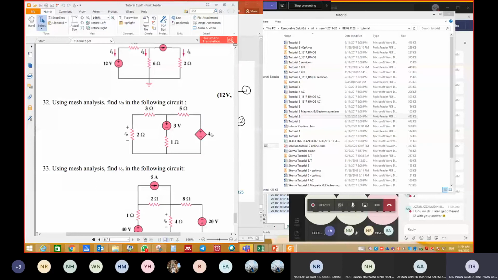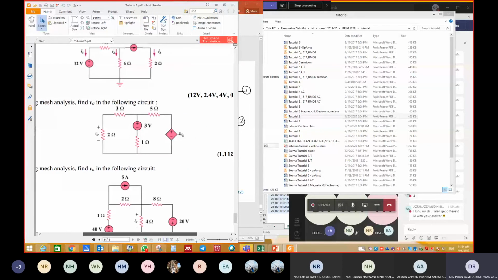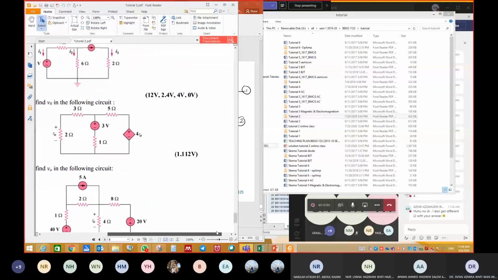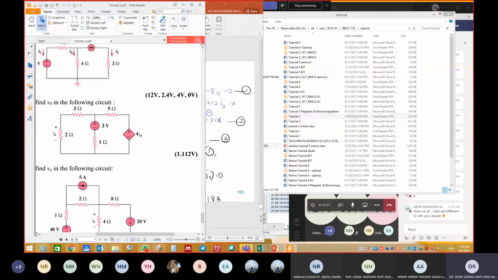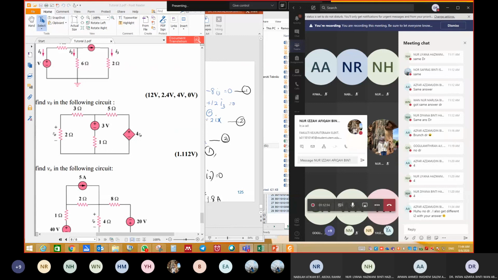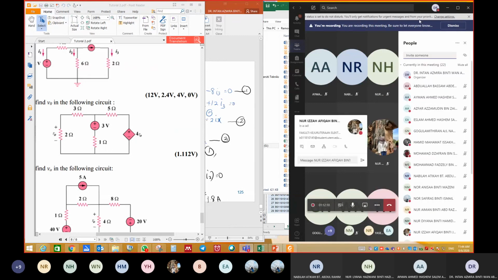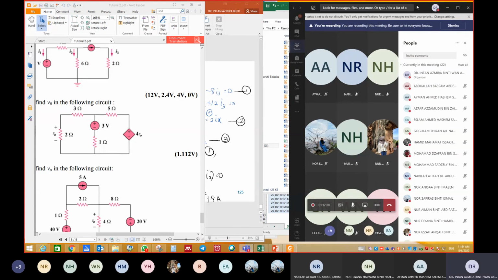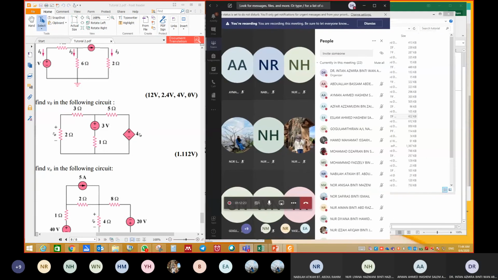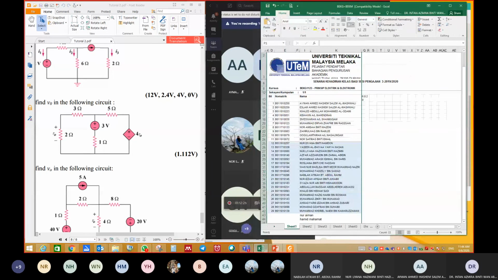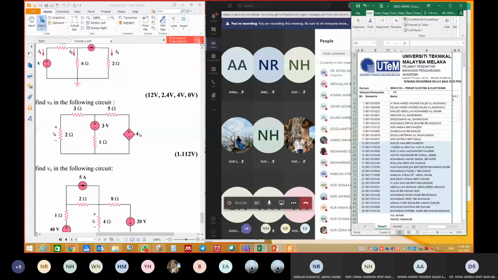Okay, try. The answer is 1.112. Try using mesh analysis. Okay, try it now.